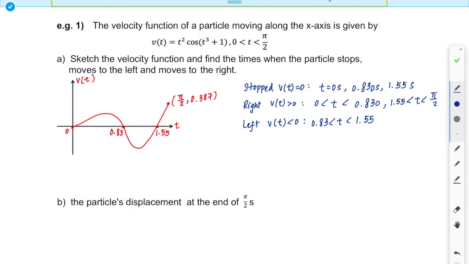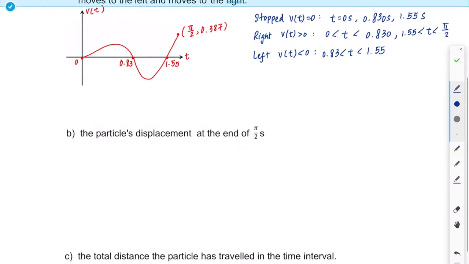Part B, the particle's displacement at the end of the pi over 2 seconds. So here we know that displacement can be calculated by taking the integral of the function t squared cosine of t cubed plus 1 dt from 0 to pi over 2. So let's work this out. Okay, I'm taking cosine of t cubed plus 1, and this whole function is multiplied by t squared. So the two so-called polynomial functions are off by 1 degree.